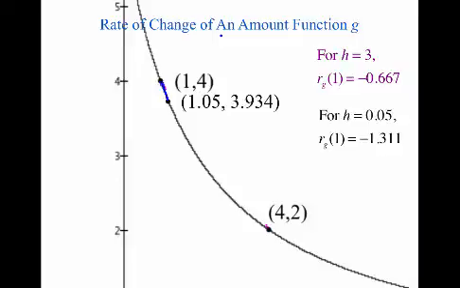Okay. So while we're here, let's also do the same thing down here at (4, 2). I've got this point with x equals 4.02. So find the rate of change down here for x equals 4.